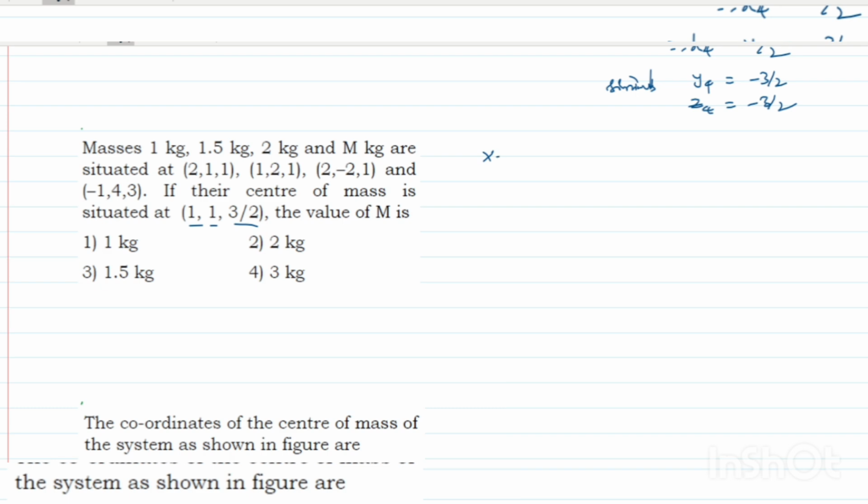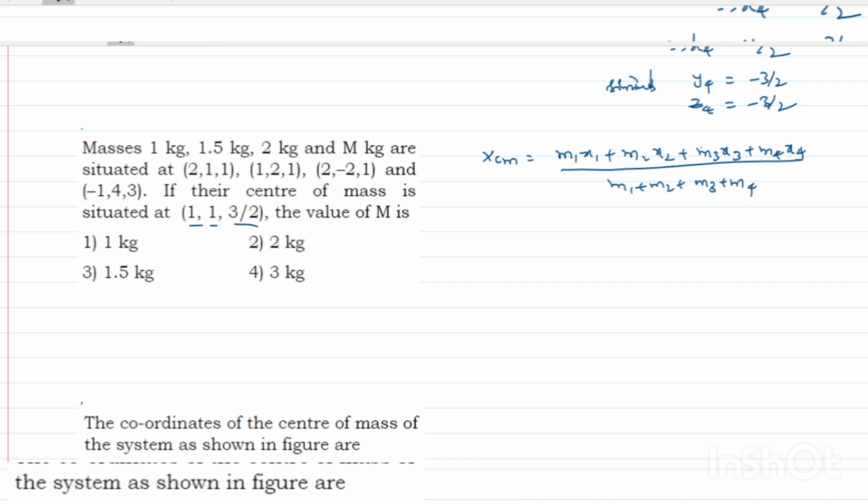When I talk about the XCM value, this is m1 x1 plus m2 x2 plus m3 x3 plus m4 x4 by total mass. In the sense, you can take m1 plus m2 plus m3 plus m4, students.